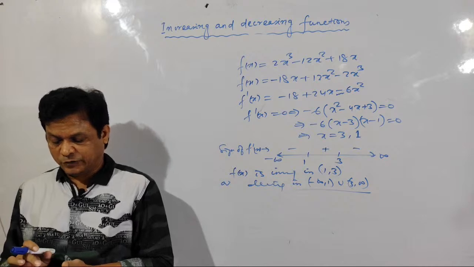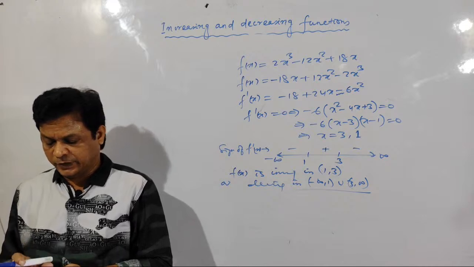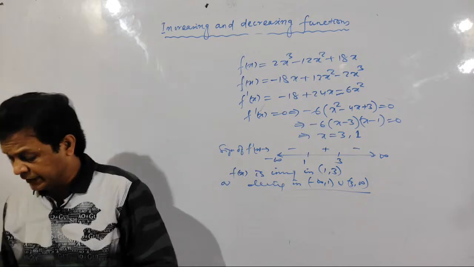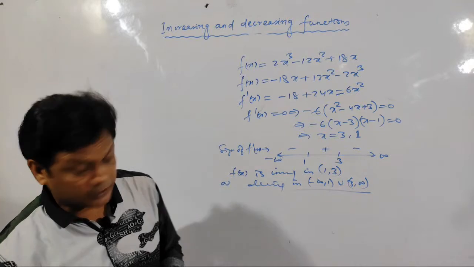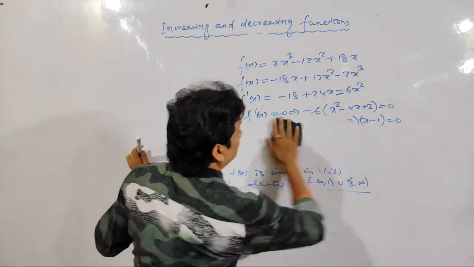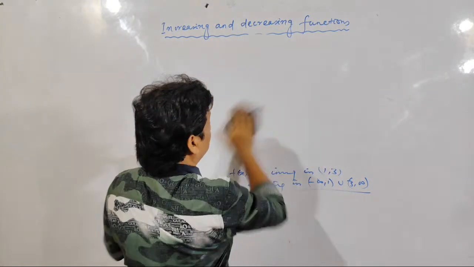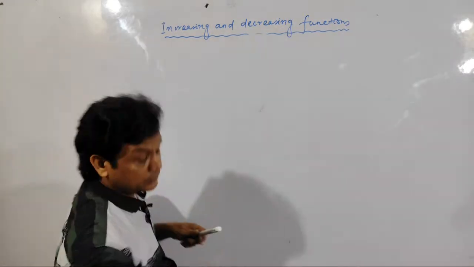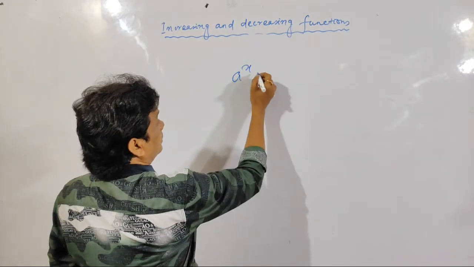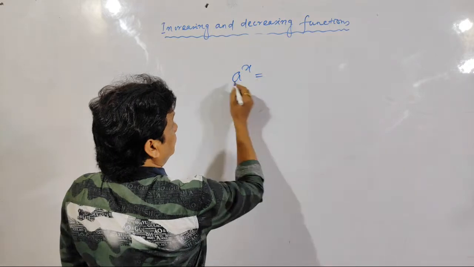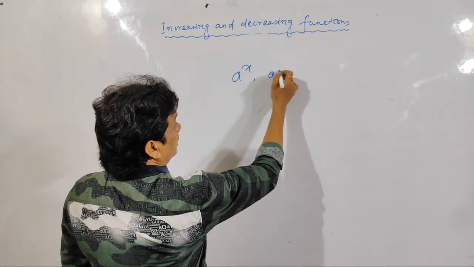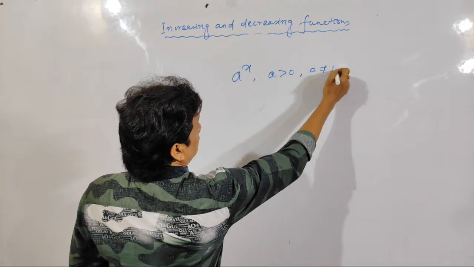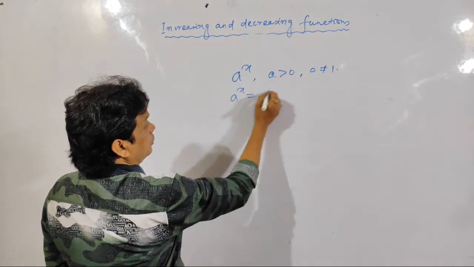I have told you why a cannot be 1. Because see here, in an exponential function, why can a not be negative? a cannot be 1. I have told you, a is greater than 0 and a is unequal to 1. See here, let a to the power x is equal to y.